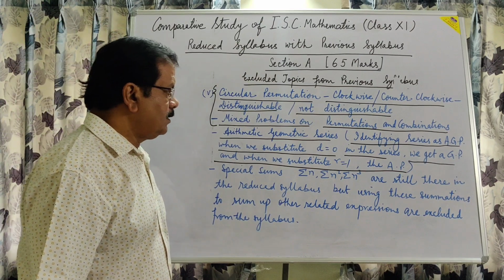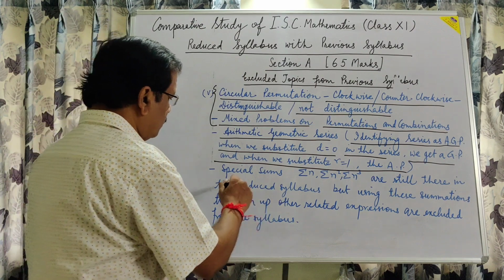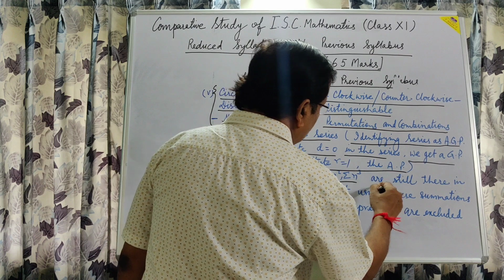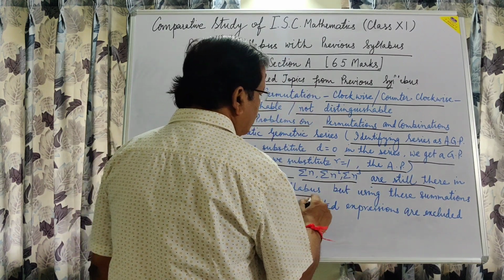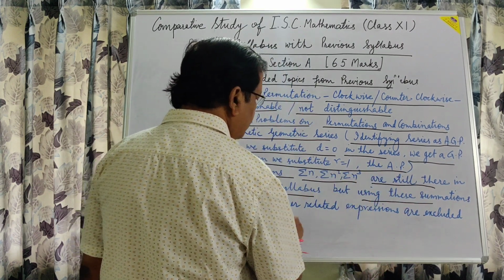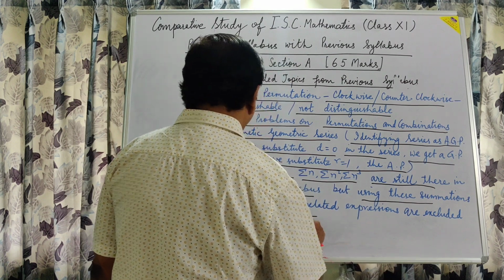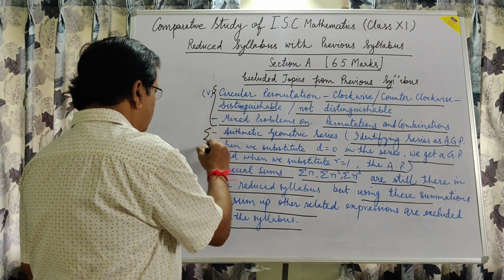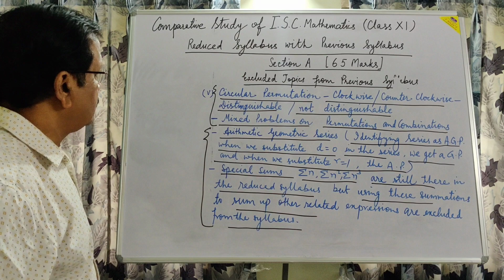One more topic, special sums. Sigma n square and sigma n cube are still there in the reduced syllabus, but using these summations to sum up other related expressions is excluded from the syllabus. It means as a whole these subtopics are excluded from the chapter sequence and series.